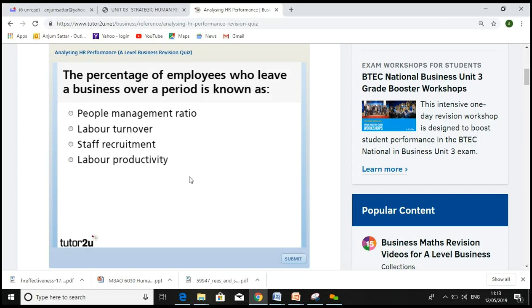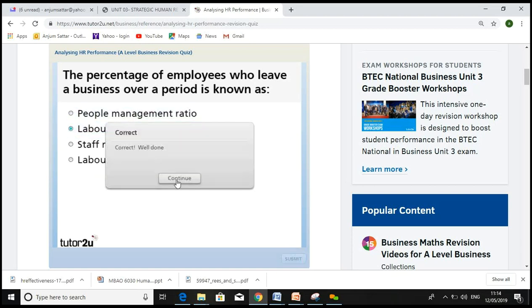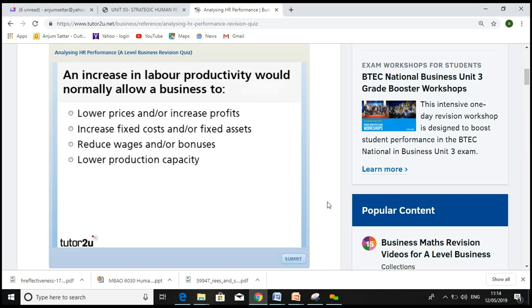The percentage of employees who leave a business over a period is known as labor turnover. Okay, well done. Okay, next. An increase in labor productivity would normally allow a business to?